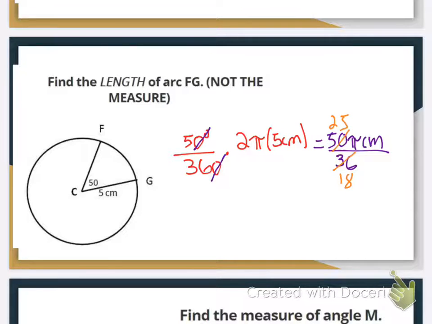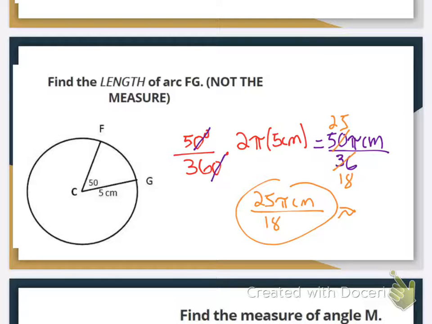18 has factors of 2 and 9, 3 and 6. So neither of those go into 25. So we can leave it as 25 pi centimeters all over 18. Or you can give us an approximation using your cell phone or calculator, I guess.